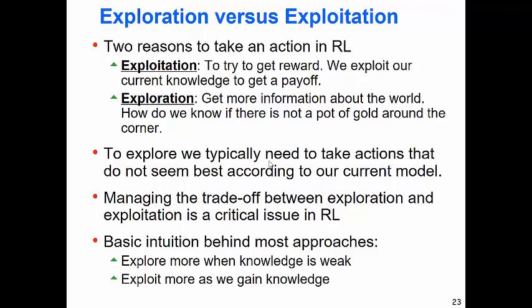Generally, most of these algorithms will explore more in the beginning, and then slowly decrease the amount of exploration to focus on the more promising actions and states in the environment. We'll see how this works, but that's roughly how most RL algorithms work.